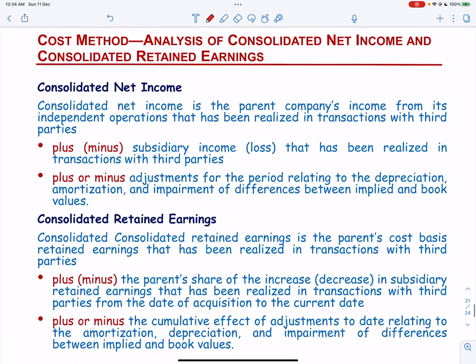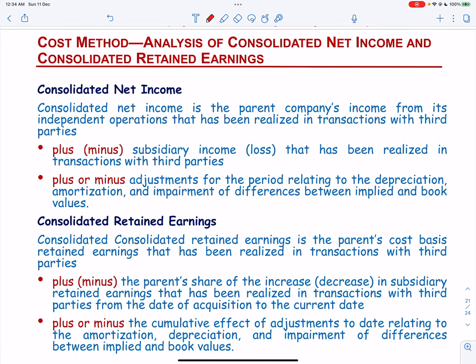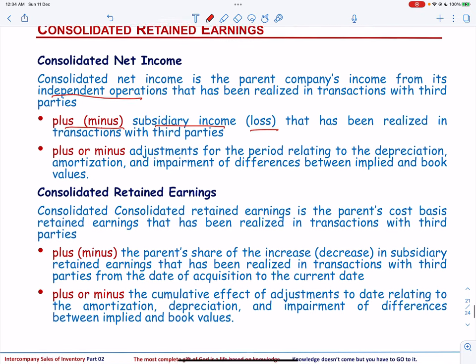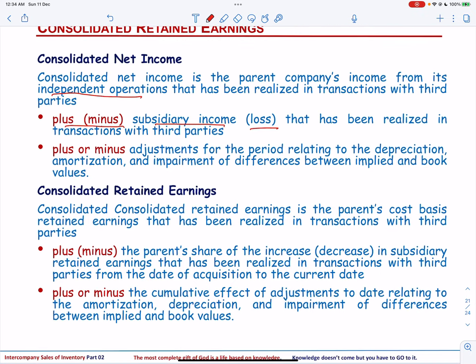Now, consolidated net income is the parent company's income from its independent operations that has been realized in transactions with third parties, plus or minus subsidiary income or loss that has been realized in transactions with third parties, plus or minus adjustments for the period relating to the depreciation, amortization, impairment of differences between implied and book value, etc.